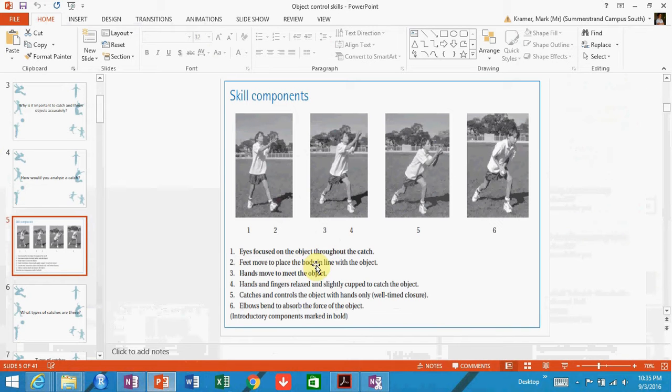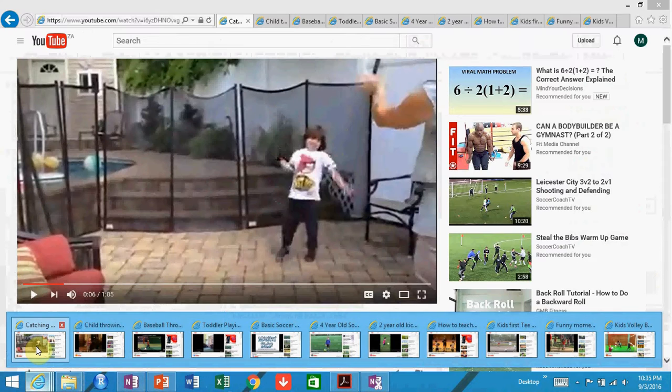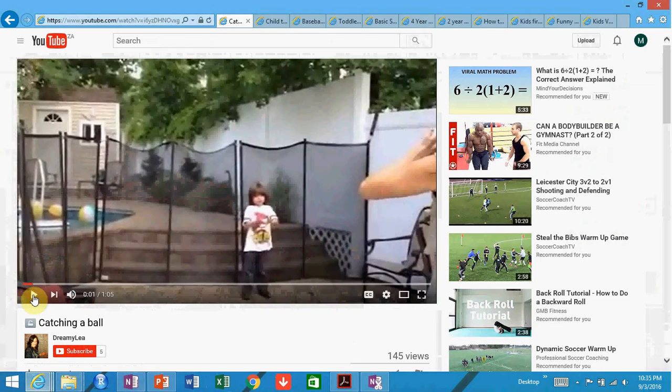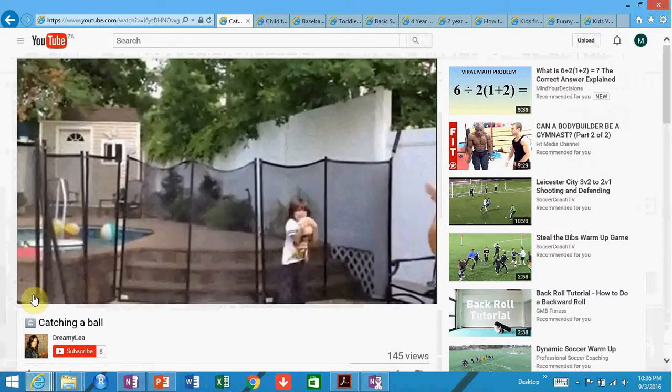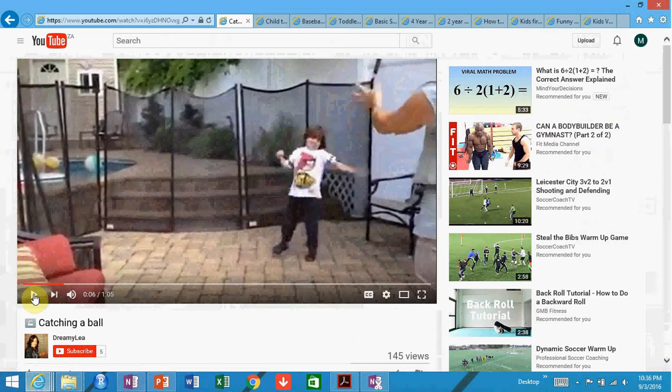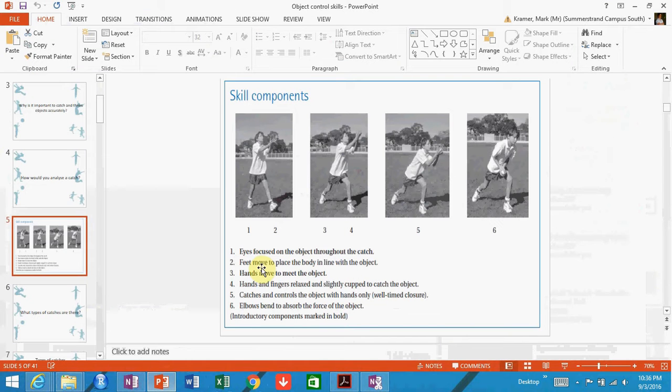Feet move to place the body in line with the object. Hands move to meet the object. Feet move, hands move. Let's check what happens here. Okay, so his arms stay extended out, and he basically scoops the ball up, and he does not adjust his body to get to the ball, although he didn't need to, because his mom threw it right at him.